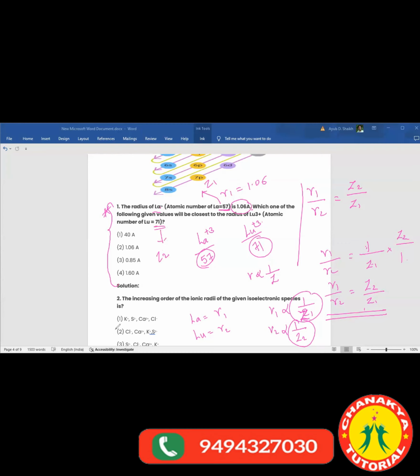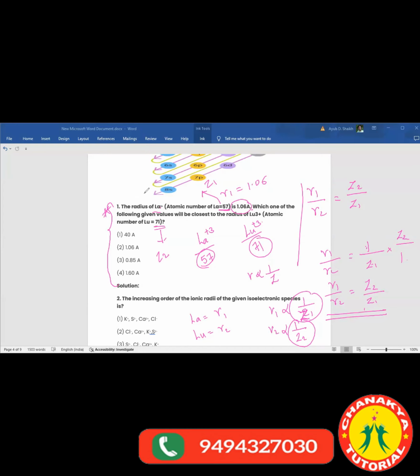Go for it immediately. Can you do that? Okay, option C. Dhananjay said the answer, because it decreases from lanthanum to lutetium, it will be less than lanthanum. Okay, it's a great logic.